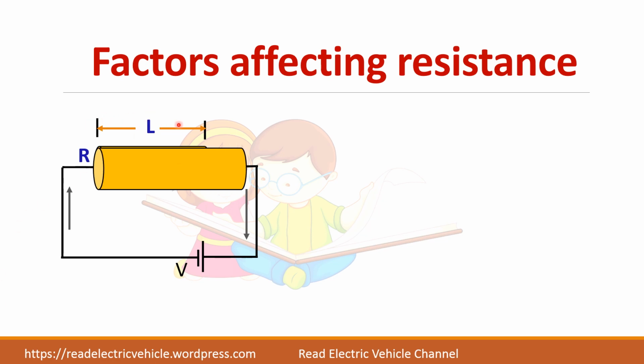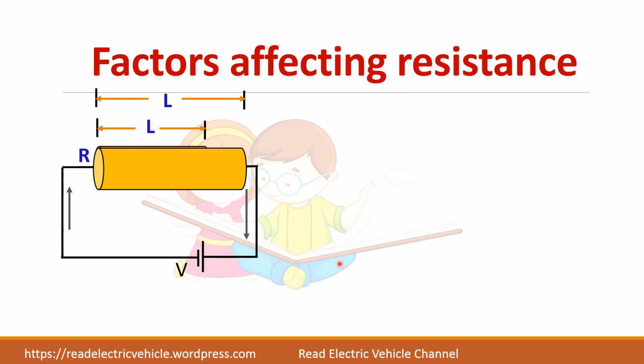Suppose I am increasing the length of this copper strip now. If I increase the length, what happens? The electrons have to flow over a long distance now. Initially the distance was small, so the resistance for the flow of electrons is less. Now the length has increased, so the resistance will increase.